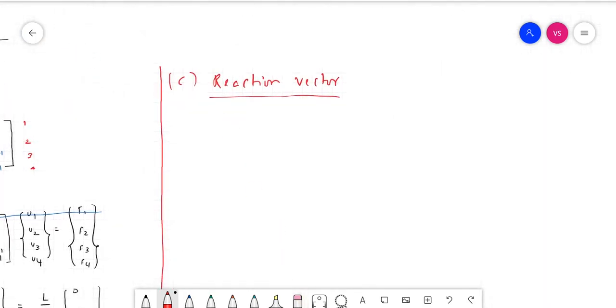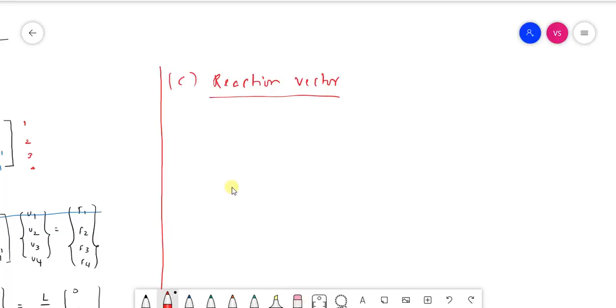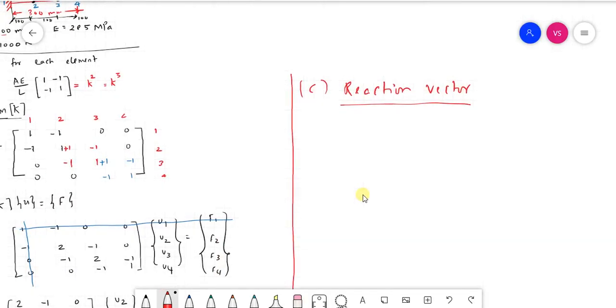But we already saw how to find the reactions. We'll use this equation, R equals Ku minus F. But what is this R?